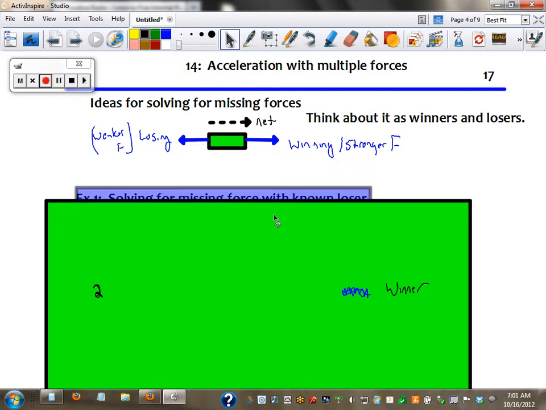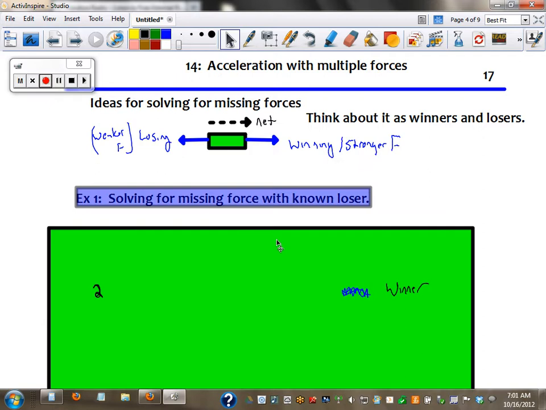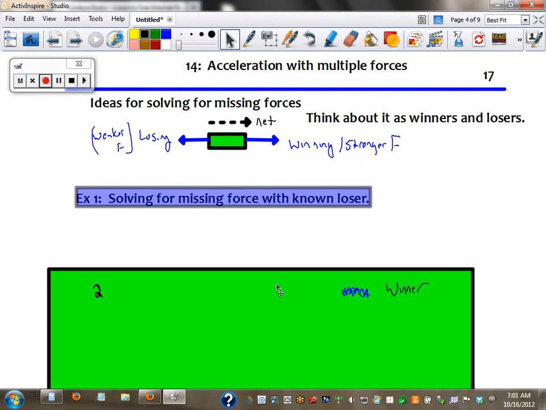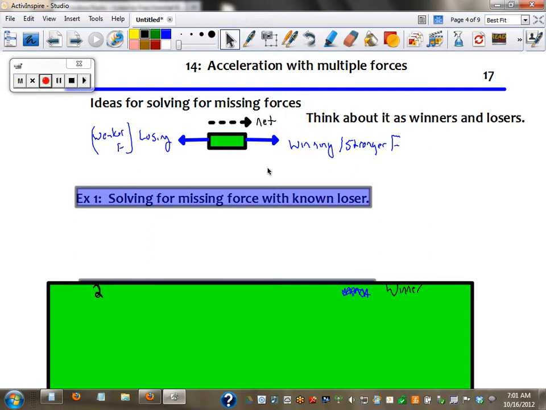Now, example 1 is solving for the missing force with a known loser. So let's see what I mean. So write example 1. This is an example, so it's highlighted in blue. So copy this down.